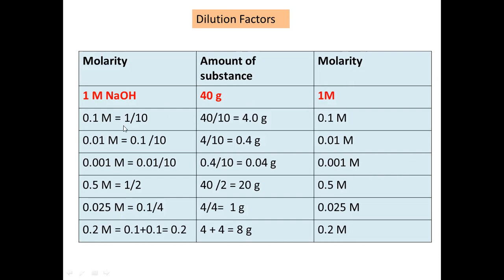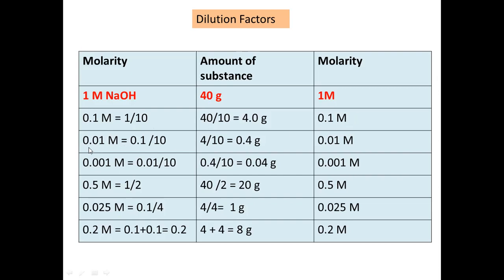But suppose one has to prepare a 0.1 molar NaOH solution, then we have to do some calculations. For 0.1, 1 will be divided by 10, so the quantity 40 gram will also be divided by 10, so 4.0 gram will be dissolved in 1 liter of solvent to prepare the 0.1 molar NaOH solution.